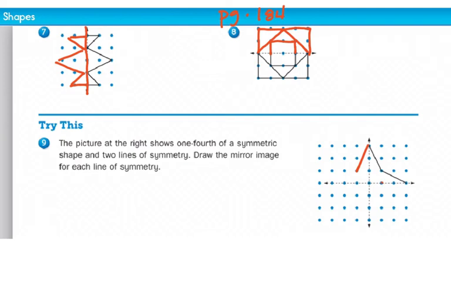Now it goes out 1, 2, 3 dots from there. So this has 2 lines of symmetry.